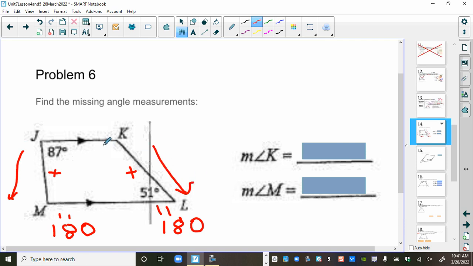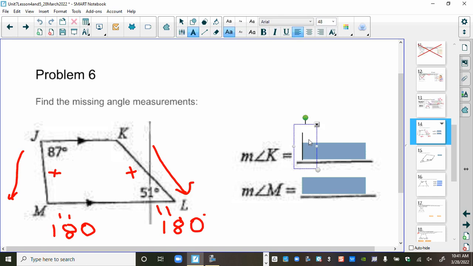So first, this number right here, what do I add to 51 to get 180? You tell us. I'm going to figure out this number. Remember, these two numbers have to add up to 180. So what can we do with the 180 and the 51 to get this number? So it's 180 minus 51. So what would be 180 minus 51? Yup.